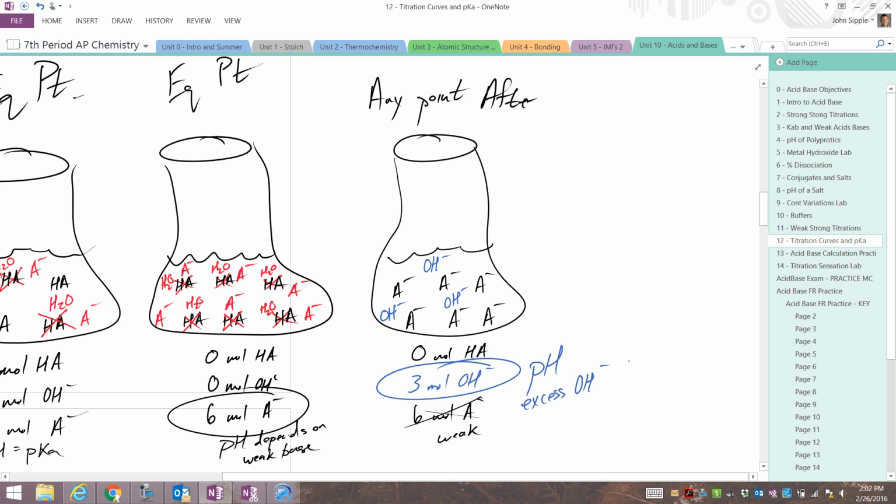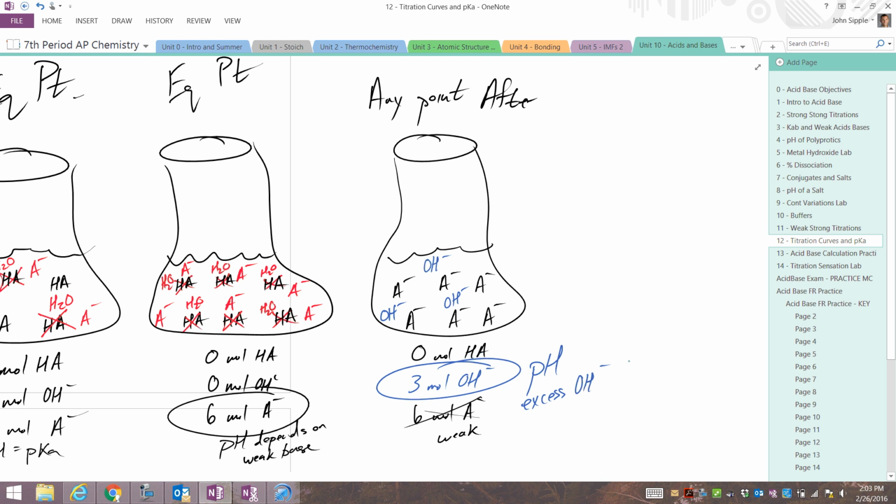All right. So that's when you get that steep pH change. Okay, when you're doing the titration, right around the equivalence point. Once we pass the equivalence point, you just start dropping in OH minuses. And so the concentration of OH minus in solution skyrockets. Right? It goes from 0 or just a tiny fraction, the weak base A minus can make a tiny fraction of it in solution, right?